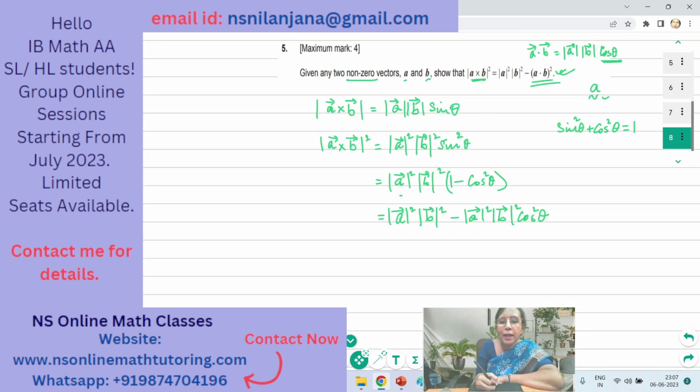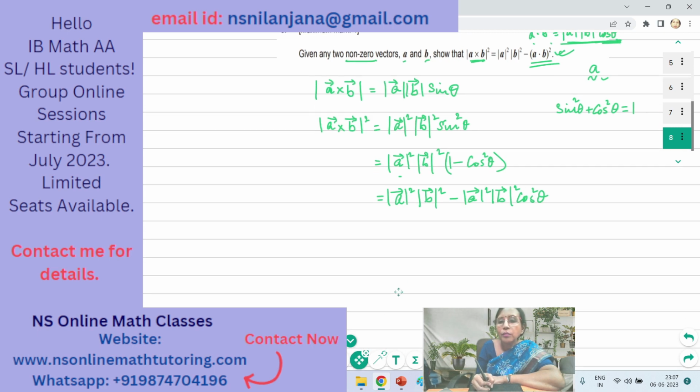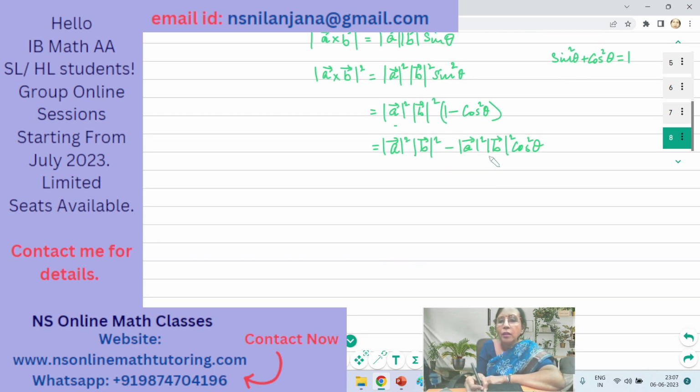And we have seen that the scalar product of A and B vectors will be this expression, so this is just the square of the expression that I have shown.